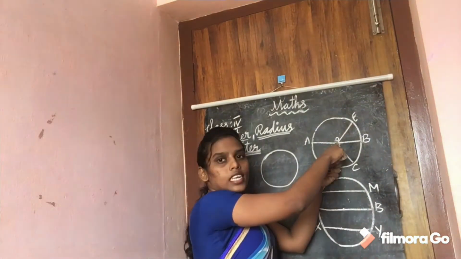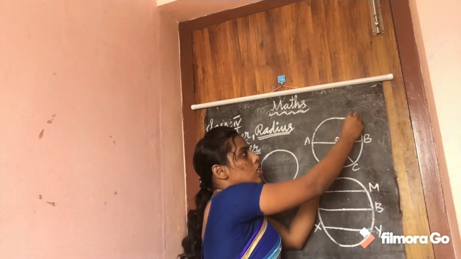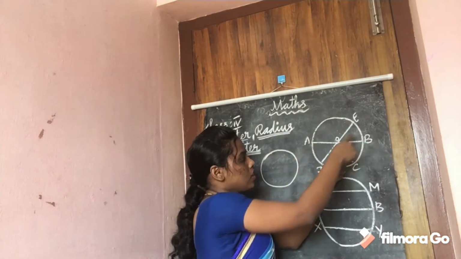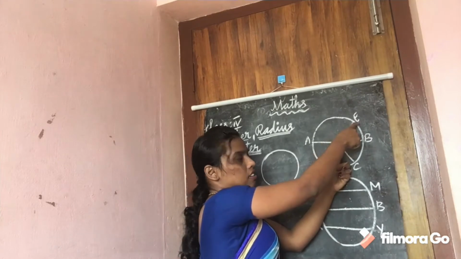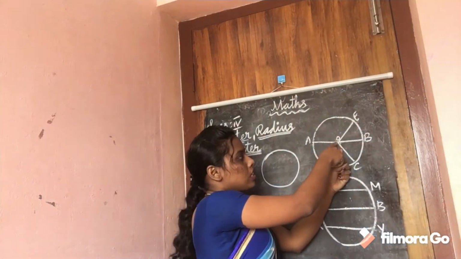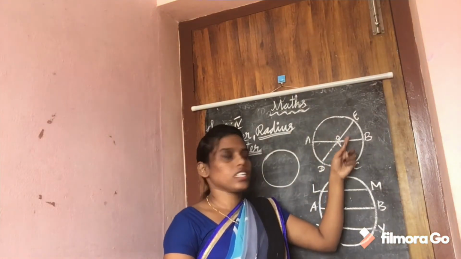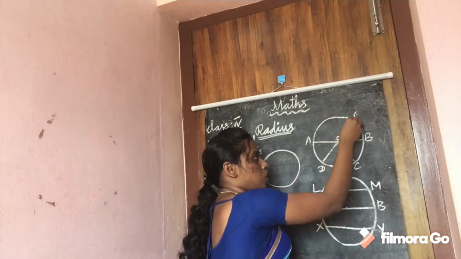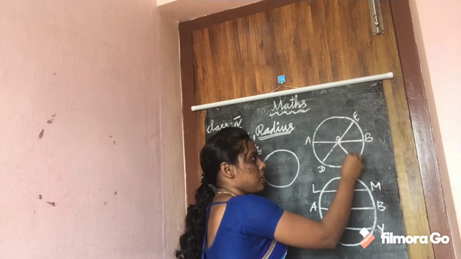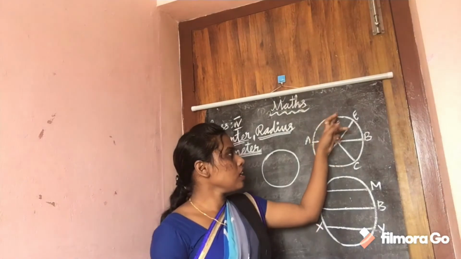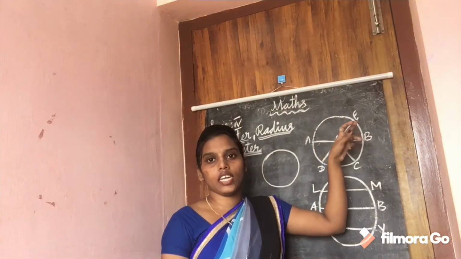Now the distance from this center to each of these points A, B, C, D, E is called the radius of the circle. So this is one radius, and another radius of the circle. Here all the radii are equal in length.